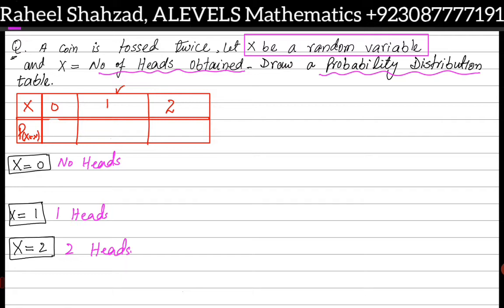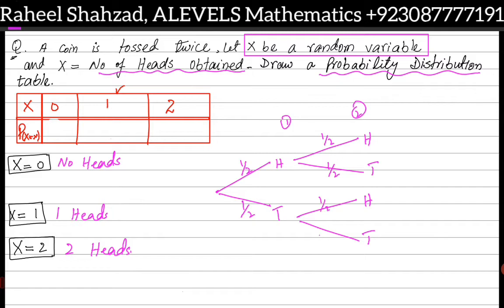In order to complete this probability distribution table, it's always great to draw a tree diagram. So let's draw a tree diagram. This is heads and tails. We are tossing 2 coins, so it's 1 by 2 and 1 by 2. This will be your first, and for the second it's heads and tails, 1 by 2, 1 by 2, and the same, heads and tails, 1 by 2 and 1 by 2.